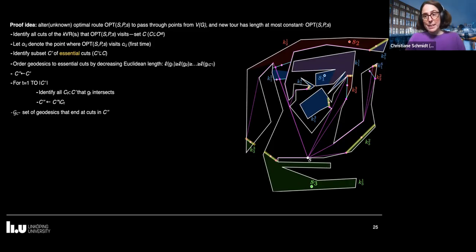And actually, in that step now, we don't filter out anything, because if you look at the geodesics to any essential cut, we don't cross any other of the essential cuts. So here we don't filter out anything, but potentially we would start with the longest one and see, does this geodesic already cut any of the other essential cuts?